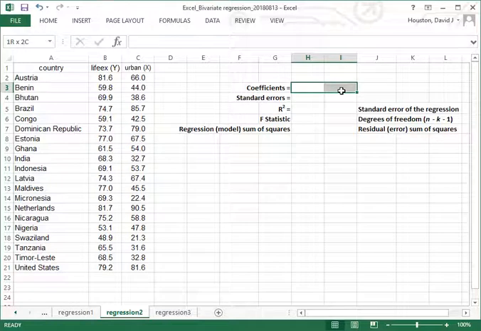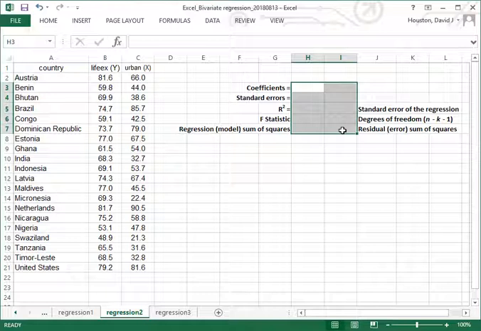And what you should do is highlight 2 columns and come down 5 rows to contain all of the output that is generated using LINEST.